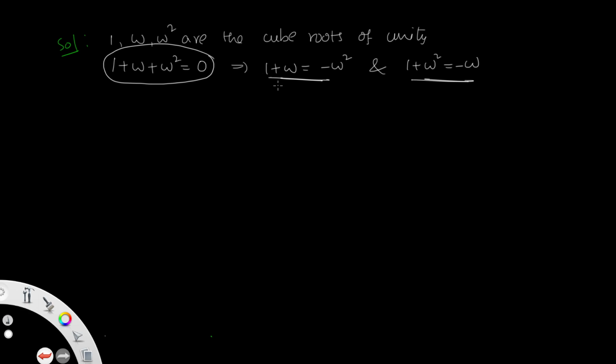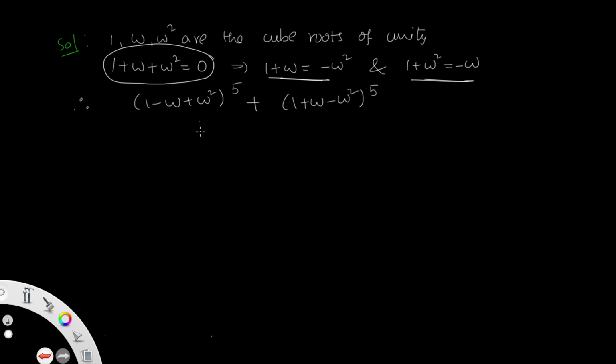From this we can write 1 plus ω equal to minus ω² and 1 plus ω² equal to minus ω. Therefore in the question the LHS is given as (1 − ω + ω²)^5 plus (1 + ω − ω²)^5. This becomes, the answer is 32.